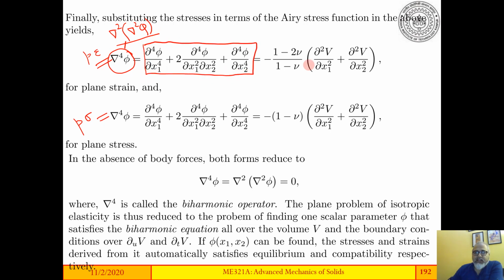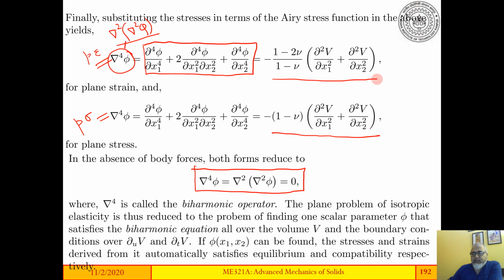Again, if there are no body forces, in both cases del 4 phi is equal to 0. If there are body forces, then you have these slightly different equations on both sides. The equations differ only in this coefficient here. So plane strain and plane stress problems can more or less be solved on the same footing.